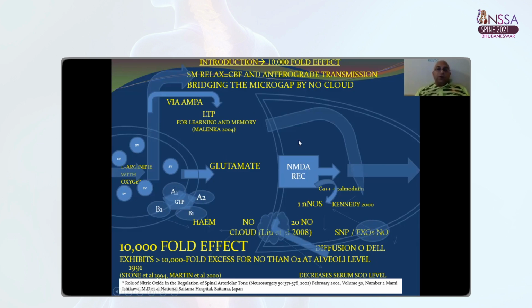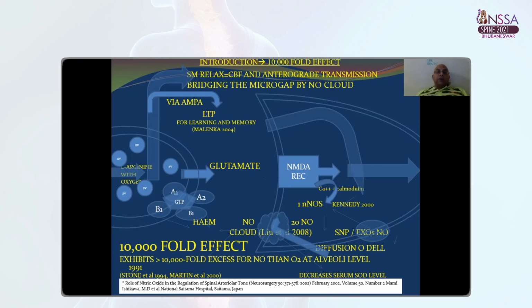So this whole integrated neurotransmission with glutamate, with the NMDA receptor and retrograde regulation, causes the blood flow regularity at the level of the NVC, neurovascular component.